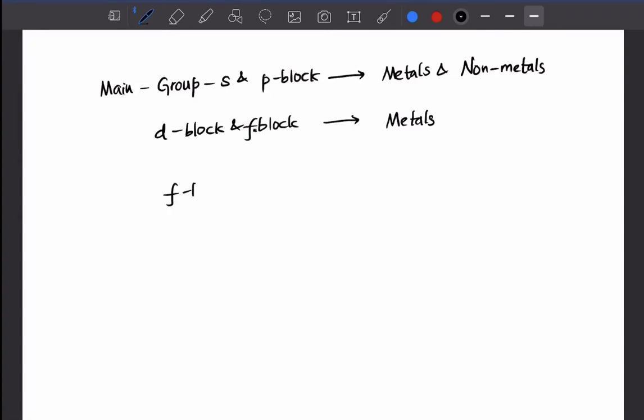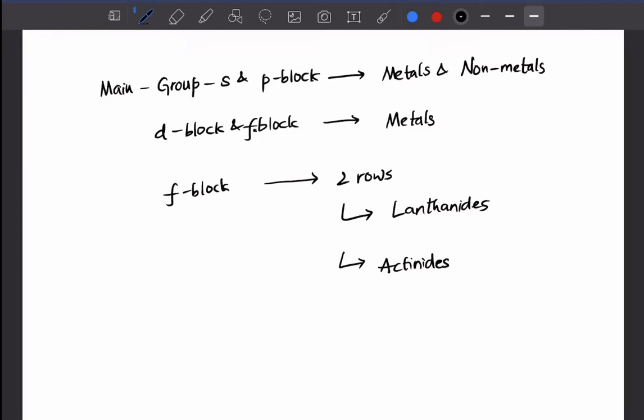One special group in F block has 2 rows of elements. The first row is called lanthanides, and the second row is called actinides. Lanthanides are the elements after lanthanum.